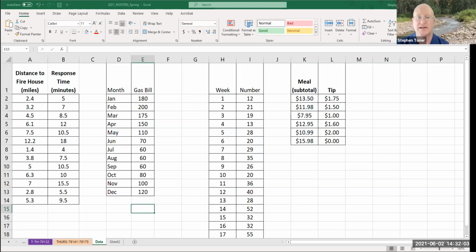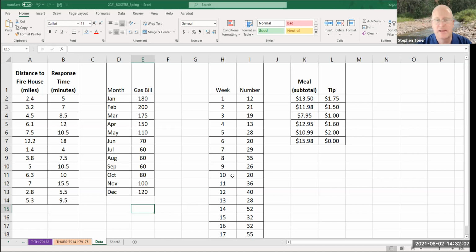Now, what I'd like to share with you next is how you can do this regression using Microsoft Excel. And you will be doing a problem like this for me as part of an activity we're going to do as part of a project, actually.